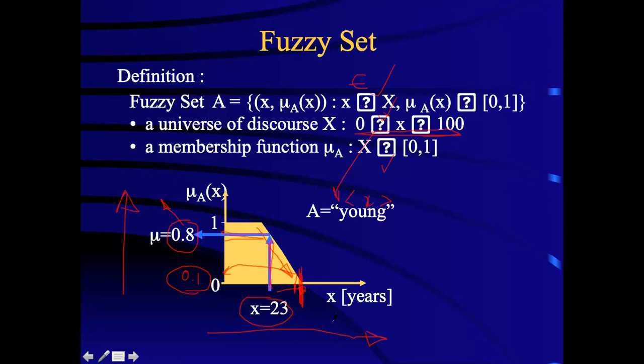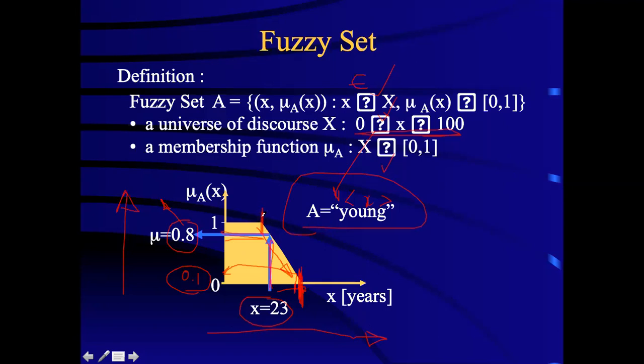So for a given value, you can have a membership value for that particular person. Every person would have a membership value in this set, which is the set of young people.